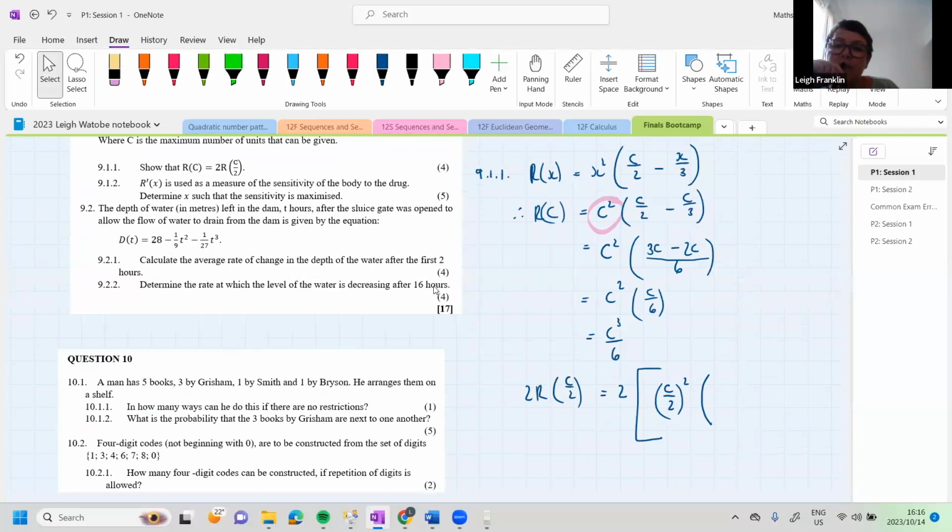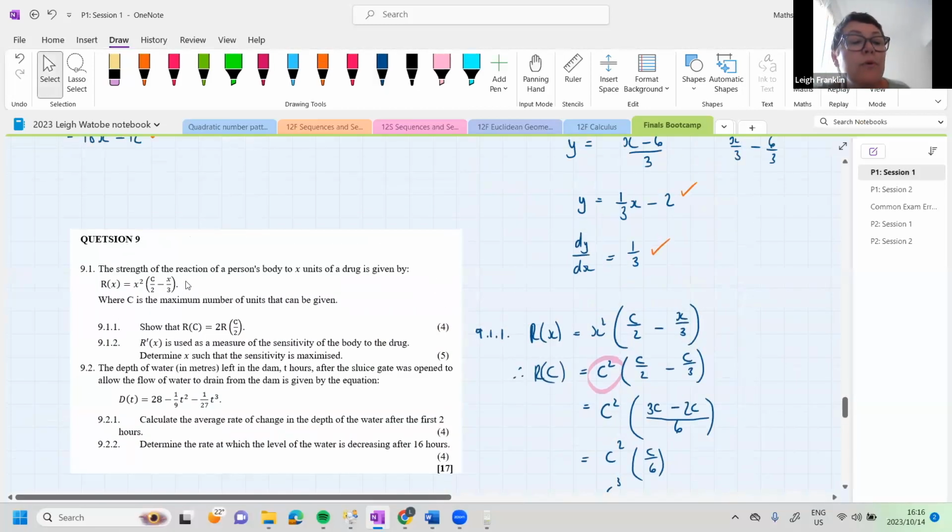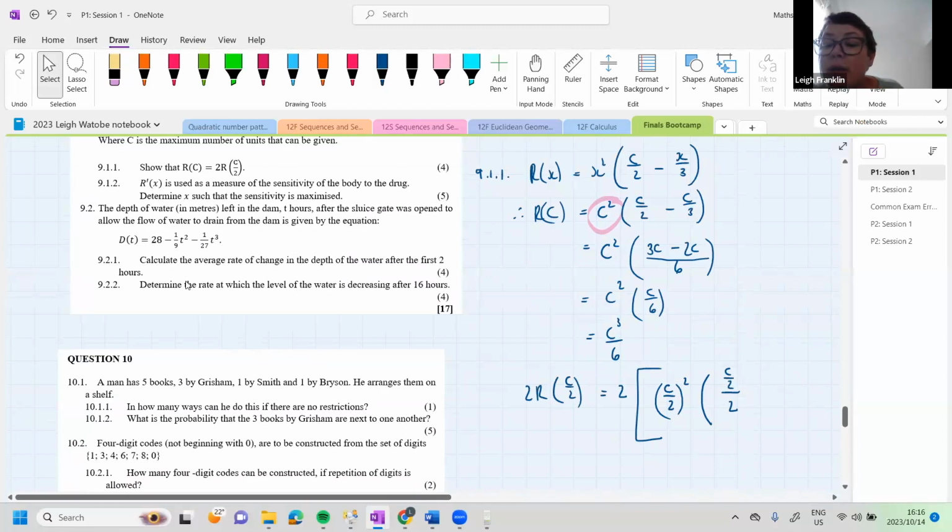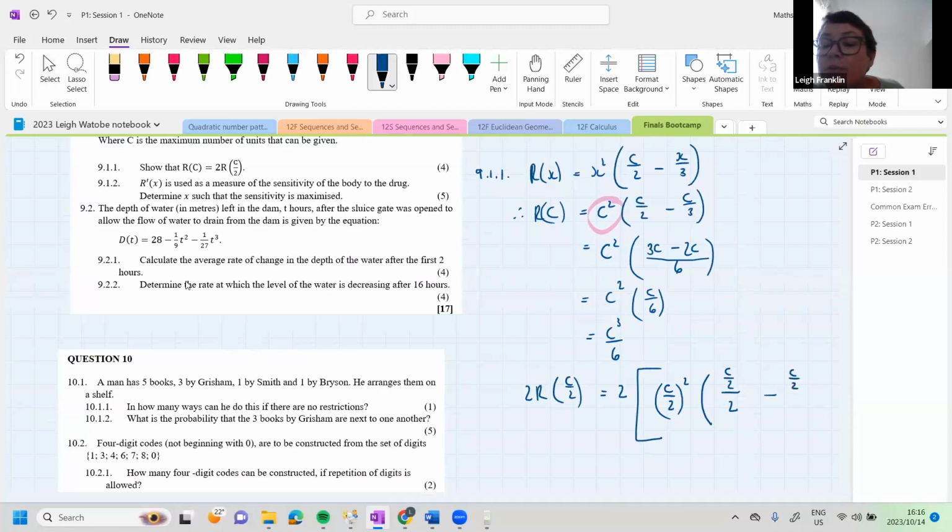Sorry, I'm just thinking this one through. C over 2 over 2 minus x is c over 2 over 3.